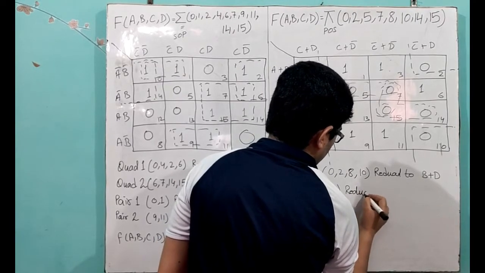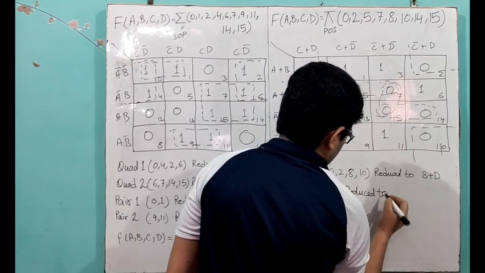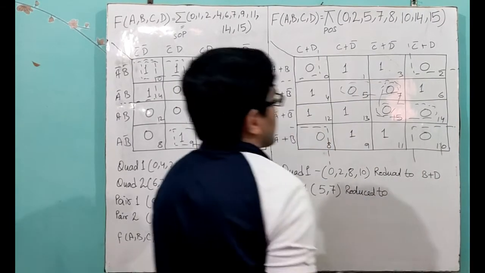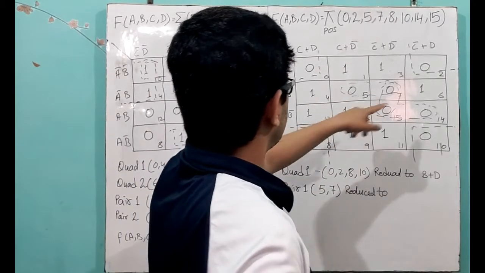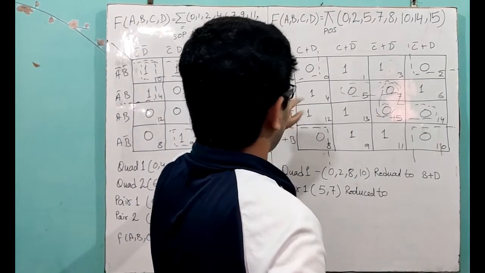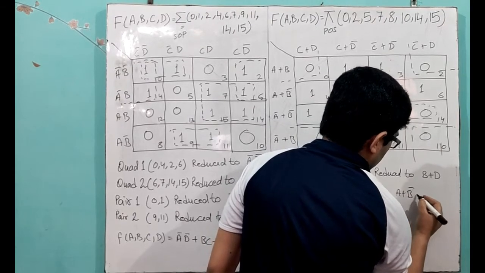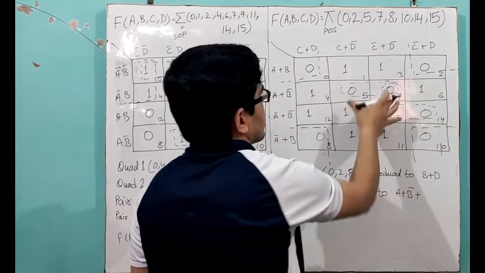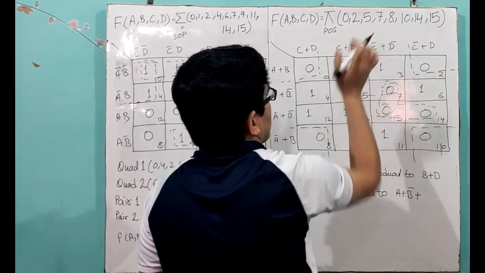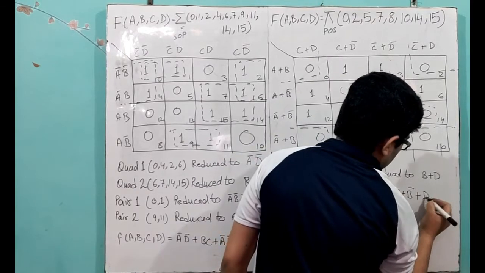Reduced to, which element is not changing? A, B bar plus, in these elements D bar also is not changing, so plus D bar.